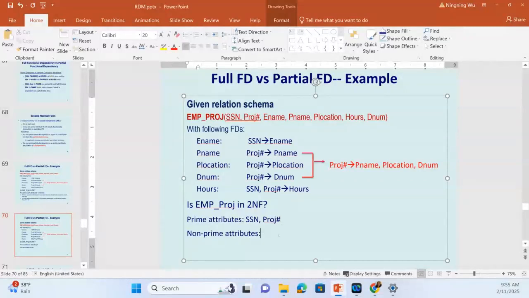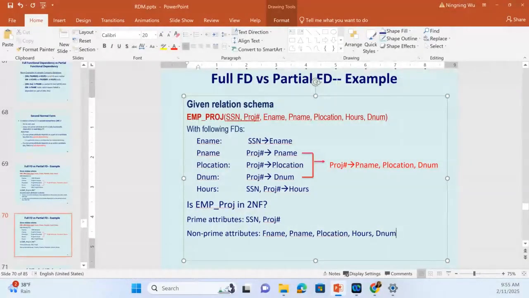Once we know the prime attributes, we can easily find the non-prime attributes, which are the attributes that are not prime. So we have ename, pname, plocation, hours, and dnam.